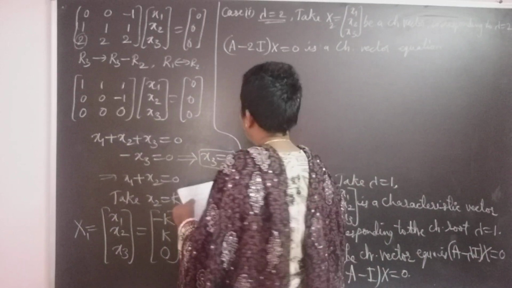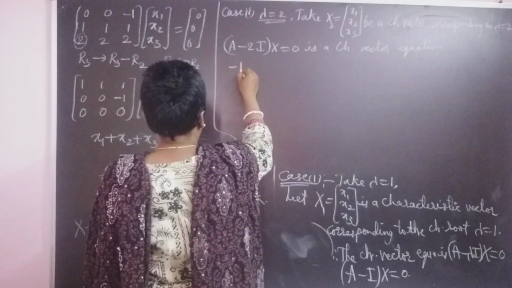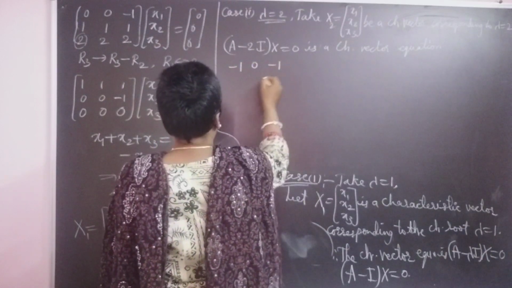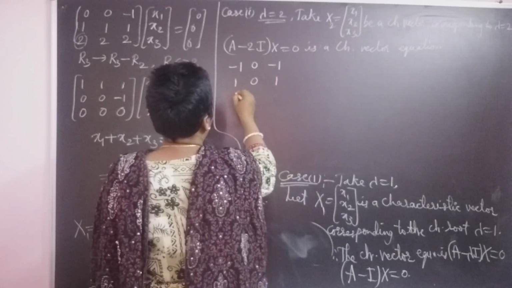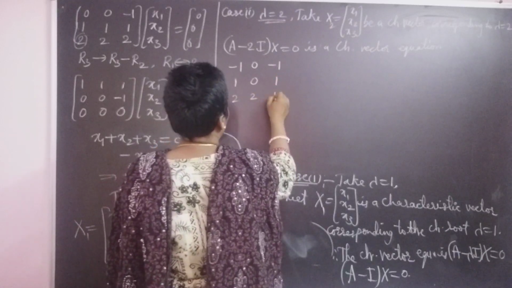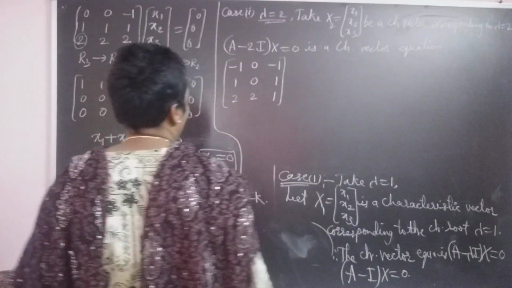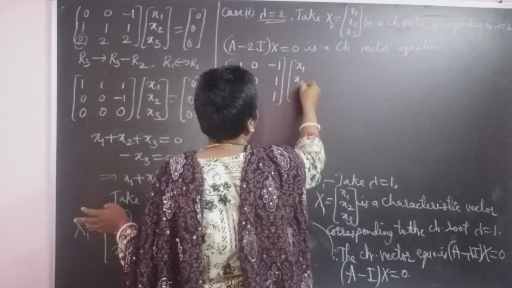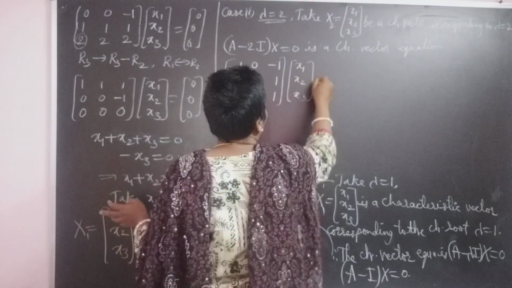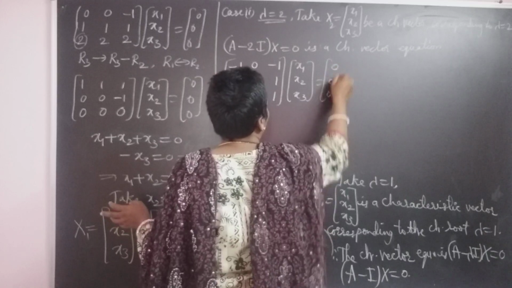Here A minus 2I means 1 minus 2 is minus 1, 0, minus 1, 1, 2 minus 2 is 0, 1, 2, 2, 3 minus 2 is 1, into x1, x2, x3 equal to 0, 0, 0.